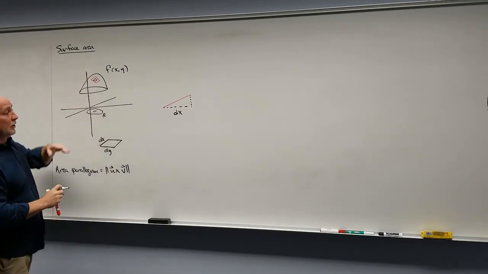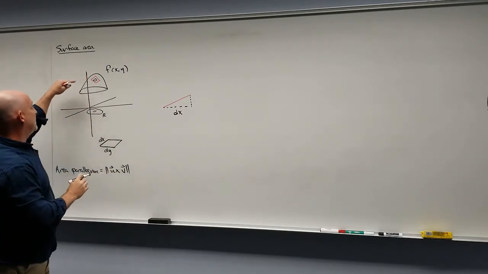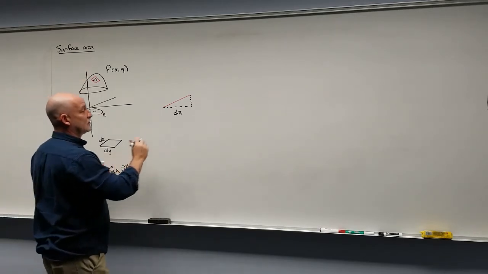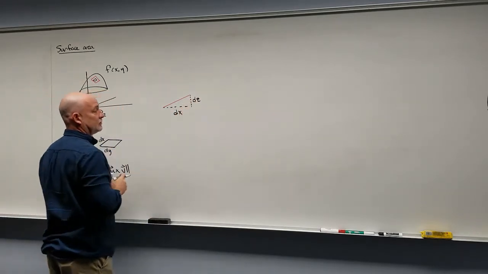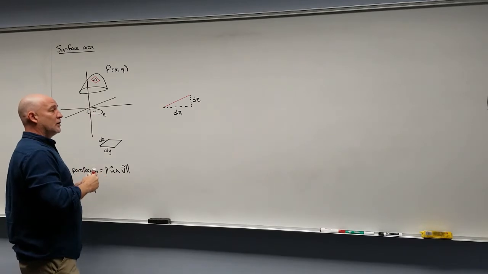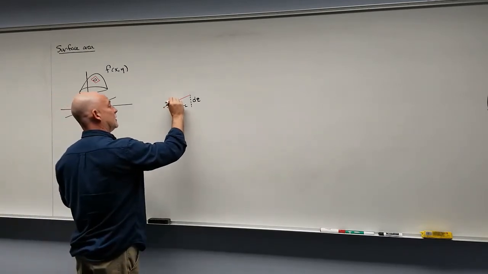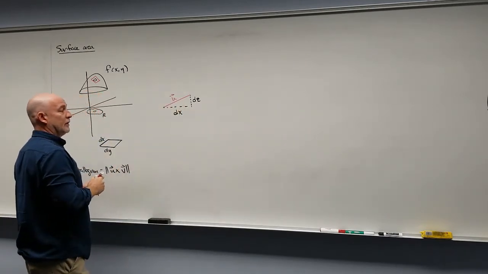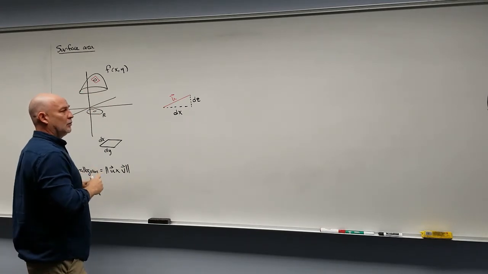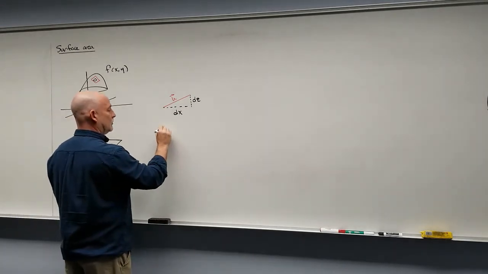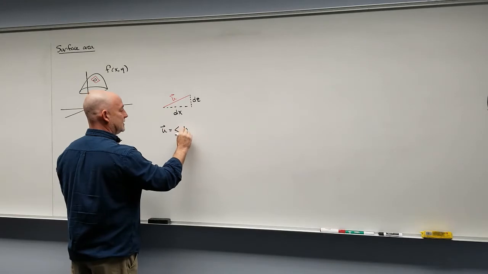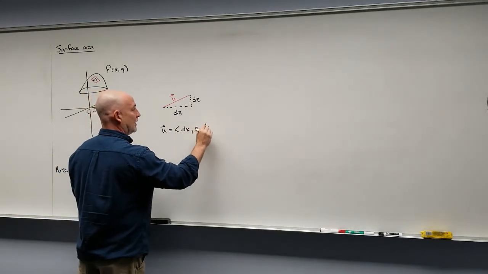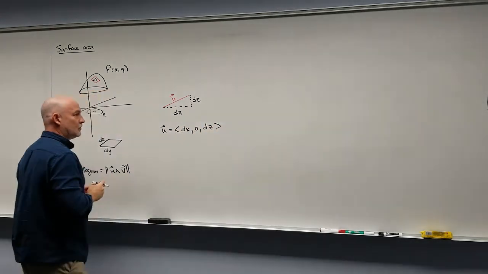This one's tilted a little bit, which means you'd have some in the x direction, but there'd also be some tilt in the z direction. So if I wanted to call this my vector u, what would that vector be? Well, u would be the vector dx, no dy, and dz.